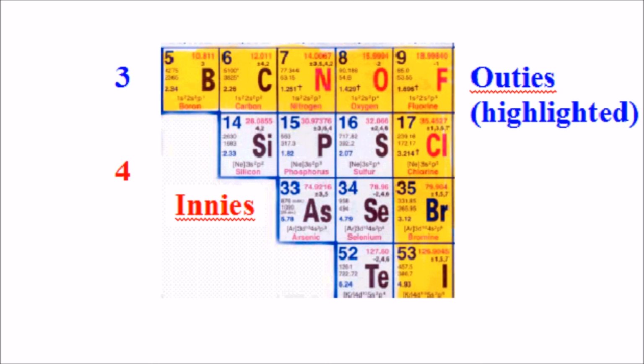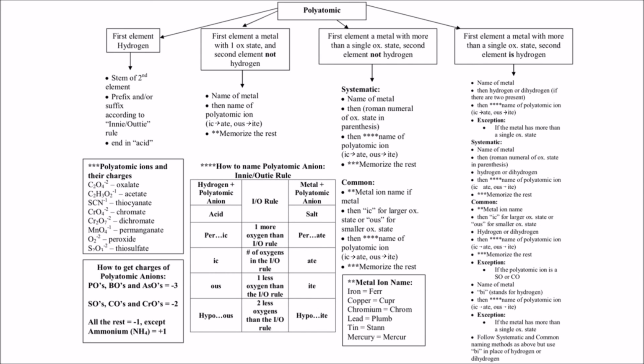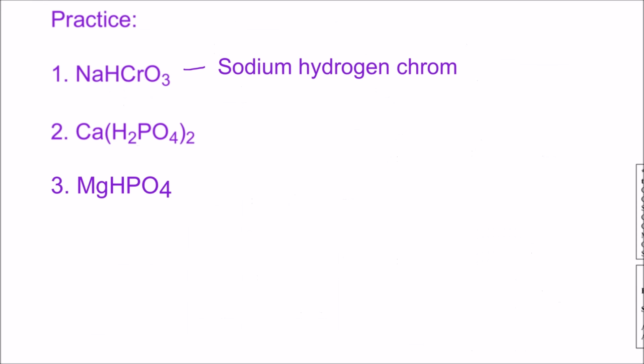So chromium's an innie, which means it wants 4 oxygens. This chromium has 3 oxygens. Now, if it has the number of oxygens that it's supposed to have, it ends with ate. But this one has 1 less than what it's supposed to have, so it's going to end with ite. And so we have our final name, sodium hydrogen chromite.